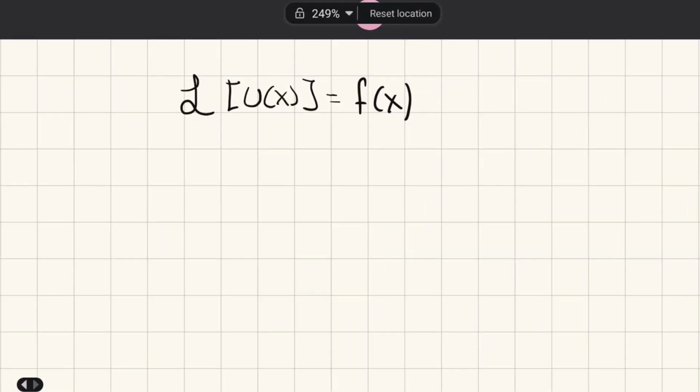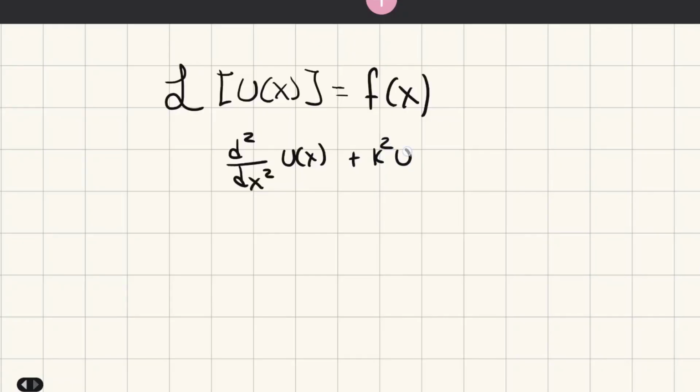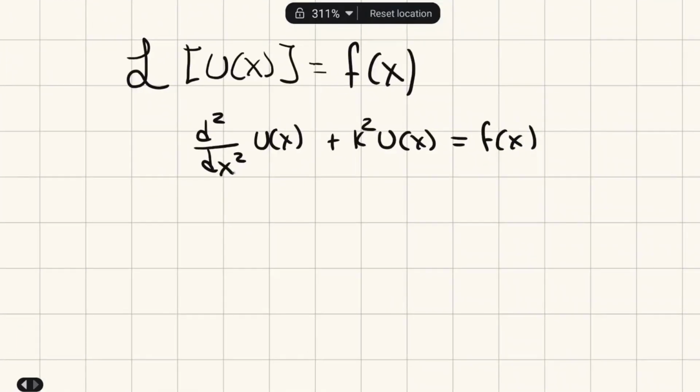So this is a differential equation with a linear differential operator L. For example, this can represent the second derivative with respect to x of u of x plus k squared times u of x equals f of x. As we can see, this is a linear, second order differential equation that is non-homogeneous.